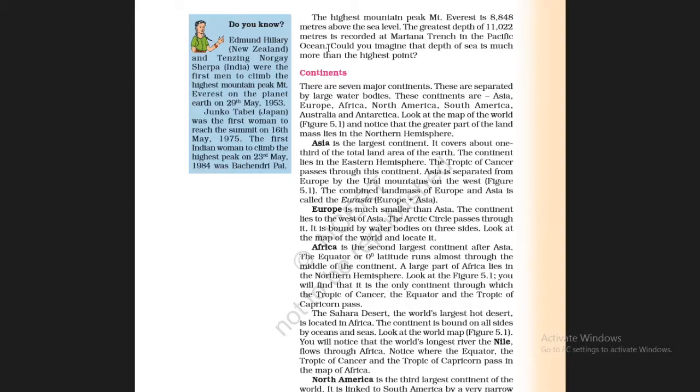The highest mountain is Mount Everest, and the deepest part of the Pacific Ocean is known as Mariana Trench. Could you imagine the depth of the sea is much more than the highest point?